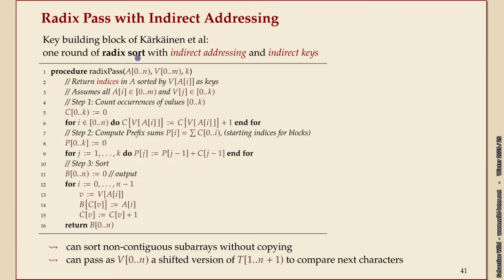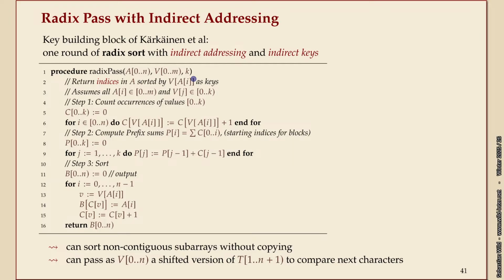It's clear that we need this conceptually because we're doing several rounds of counting sort with specific either characters or then integers later. What they figured out is what you really want is sorting some indices. So you're only picking this array A, which gives you indices in this array V, and you're sorting the indices according to what value they have in V, which allows you to conveniently specify sorting certain subsequences by just giving the right indices, and you don't have to copy out the data.